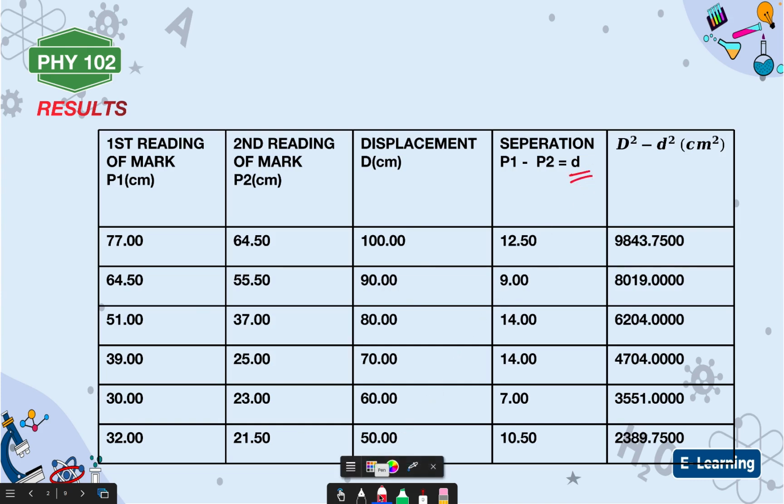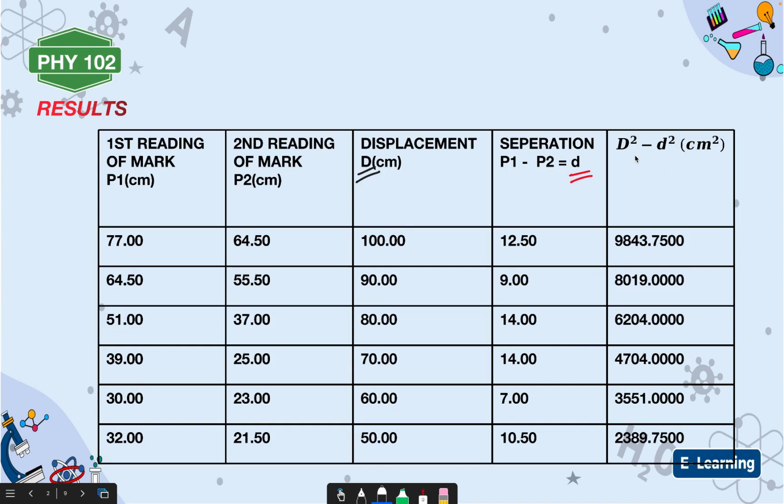Is that okay? Now this small letter d, what do you think we are going to do with it? We have another arithmetic here, which is D squared minus d squared. That is, you square this D, and then solve for their differences.